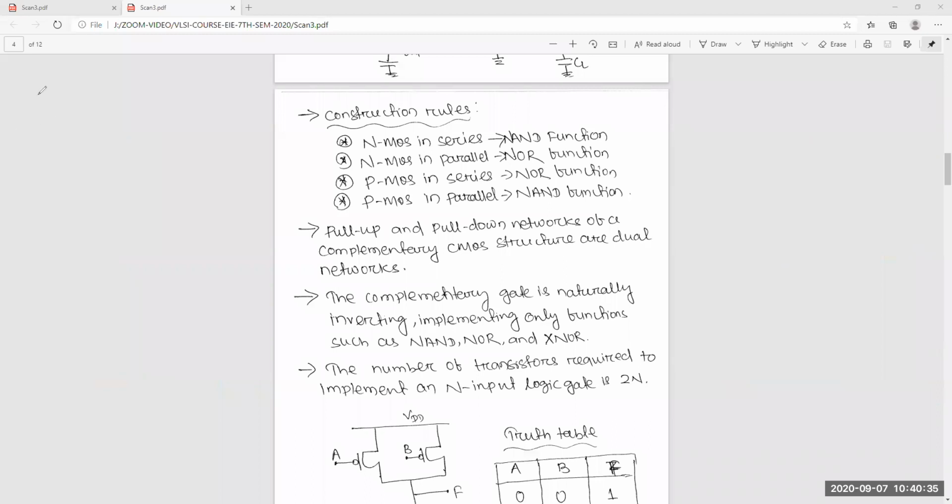Similarly, for a NOR gate, in the PUN the two PMOSFETs will be in series.